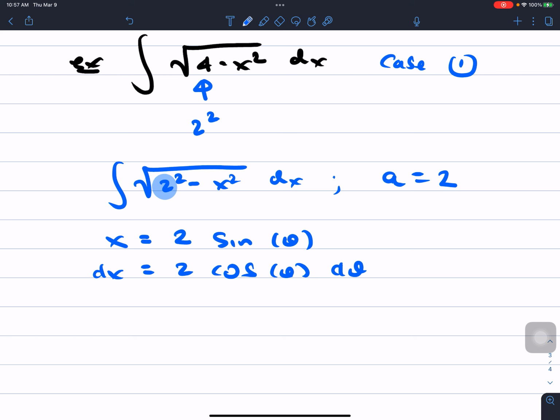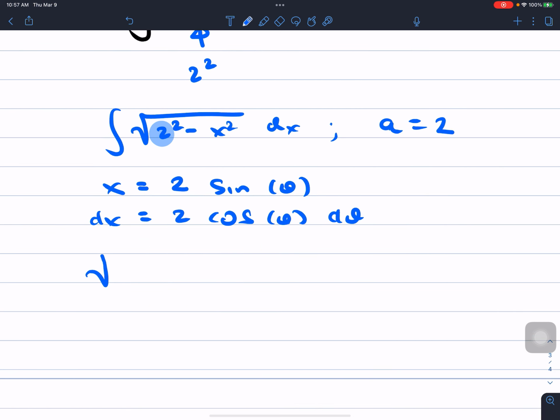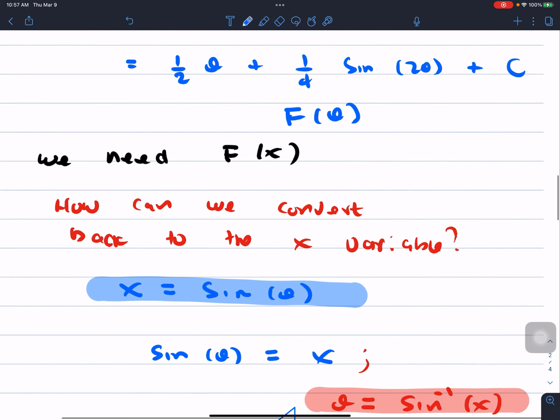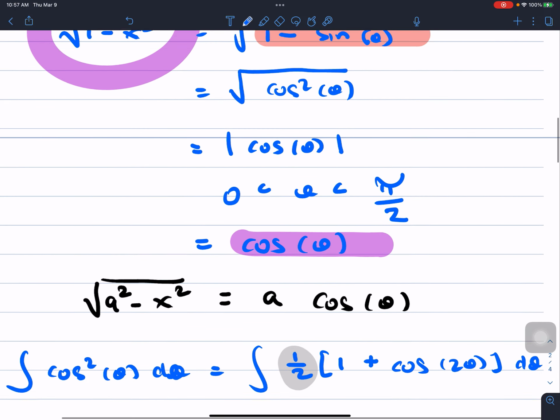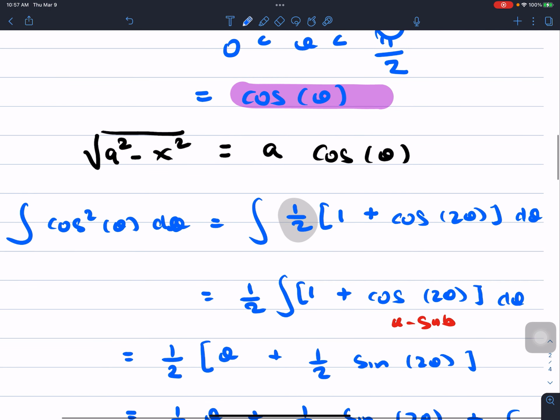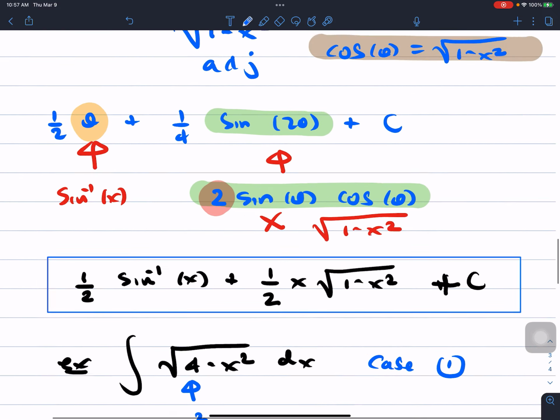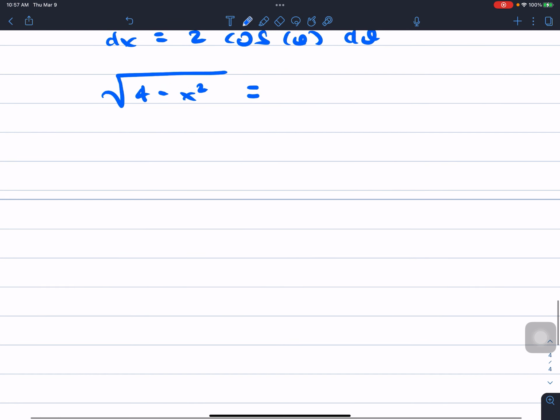What does your radical become? What's 4 minus x squared going to be? That radical is just going to be a cosine theta. So use that. So that's 2 cosine theta.